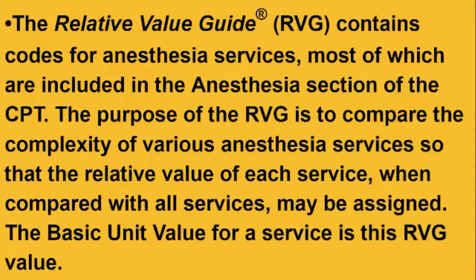The purpose of the RVG is to compare the complexity of various anesthesia services so that a relative value of each service, when compared with all services, may be assigned the basic unit value for a service, that is this RVG value.